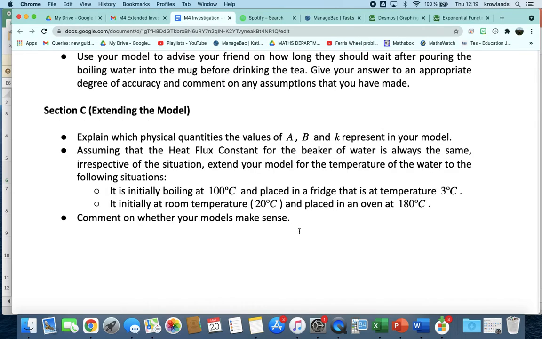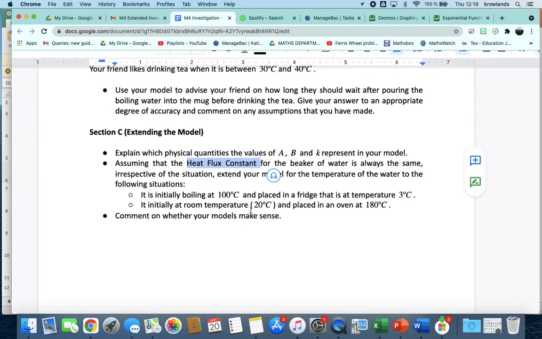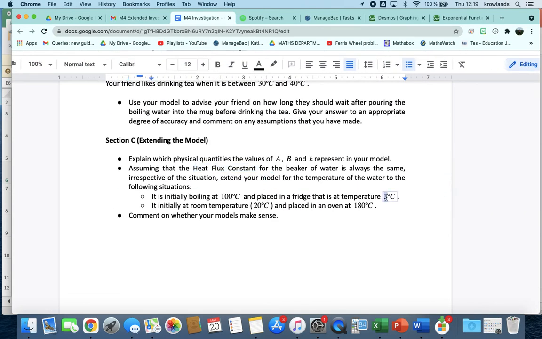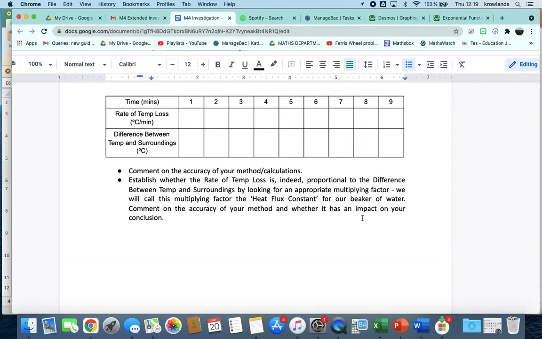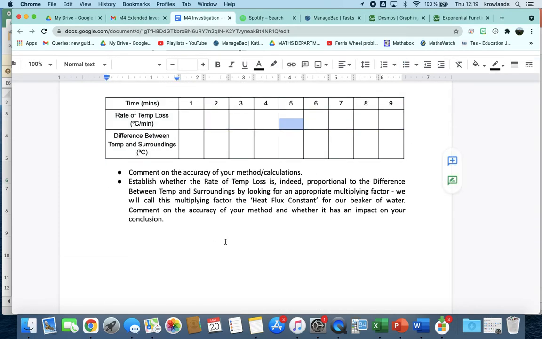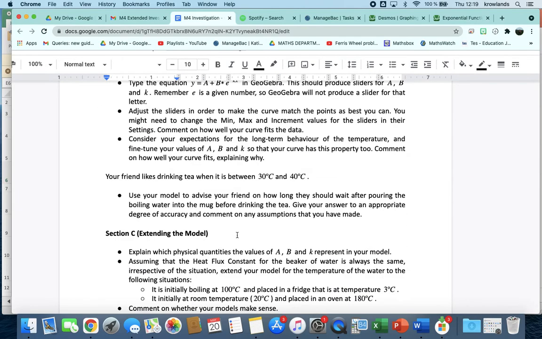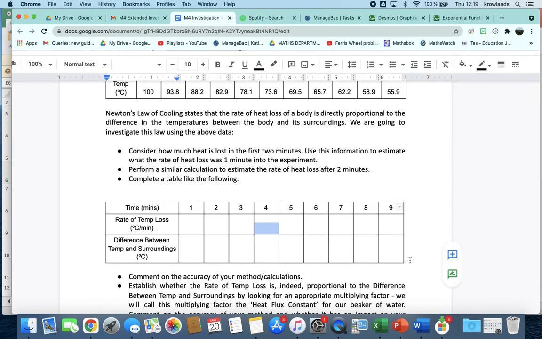Last but not least, I'd like to briefly talk about this. It says the heat flux constant is the same for this section, despite the temperature on the outside changing to 3. So the easiest way to do this section of the investigation is by copying this particular table and pasting it at the bottom.